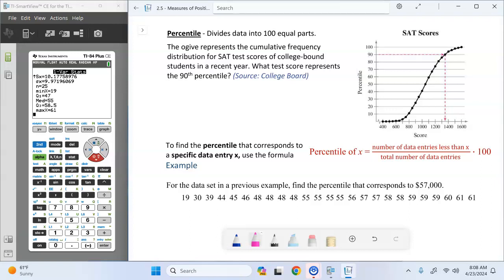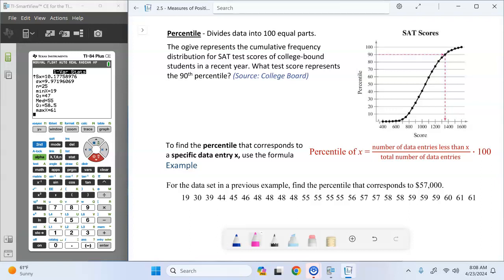we break it up. Percentiles are always going to be in that ogive because it is cumulative percent. Because we're looking at everything that is from that point and below. Okay? That point and below. So the ogive represents the cumulative frequency distribution for the SAT test scores of college-bound students in a recent year.